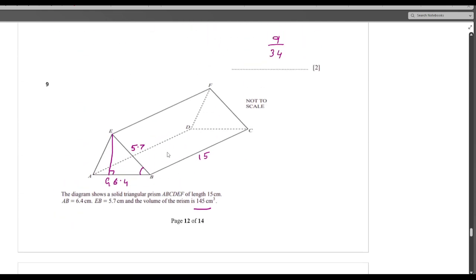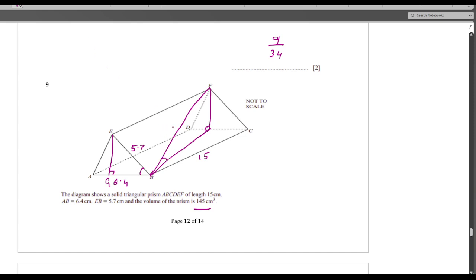To calculate the angle which BF makes with the base, we first draw this BF, and then from here I will draw one perpendicular like this, and then join this. So here this angle is going to be 90 degrees. You have to find this angle.